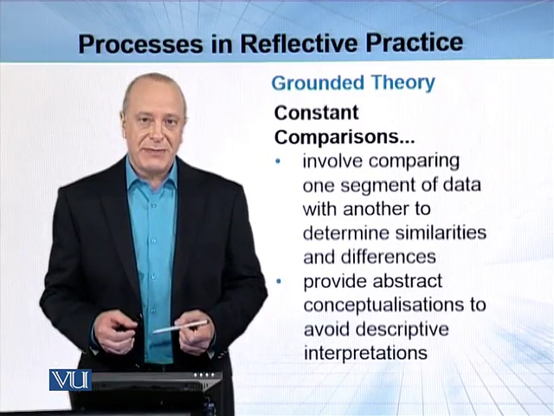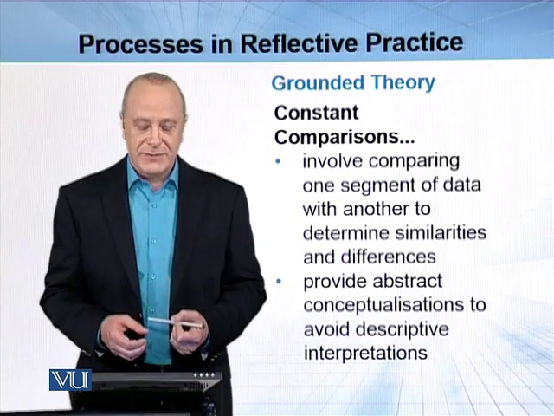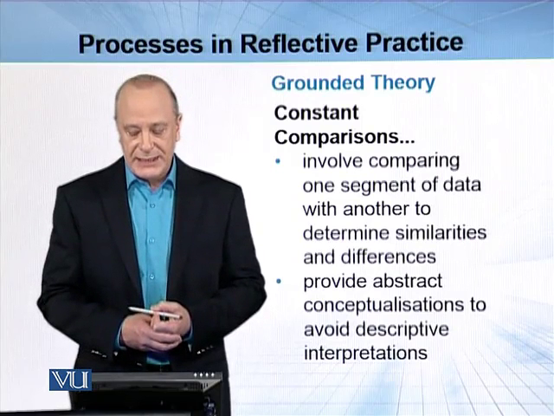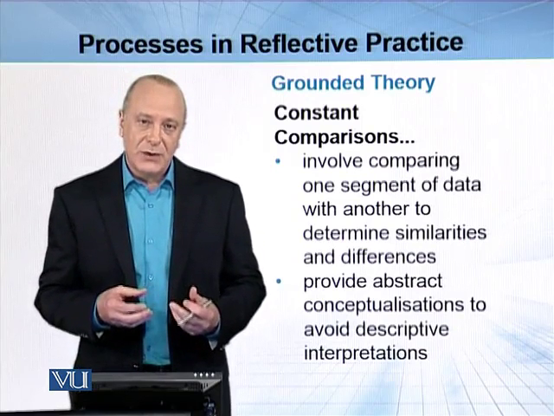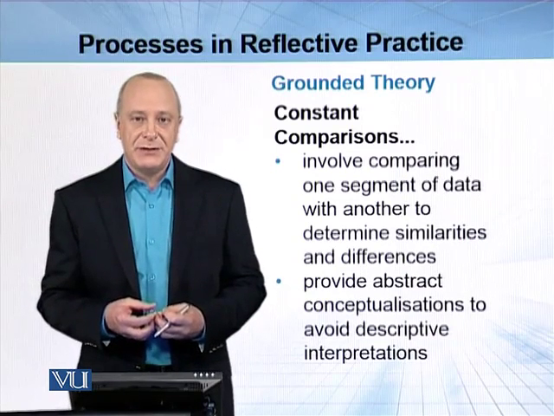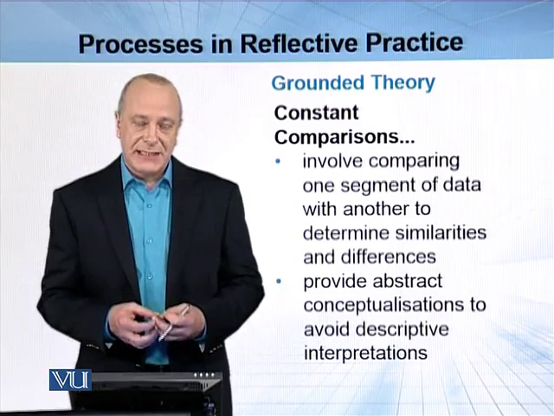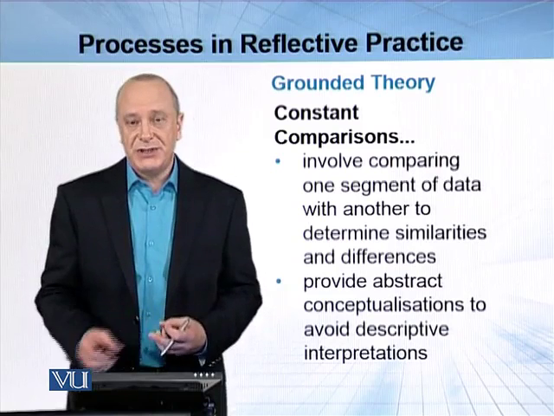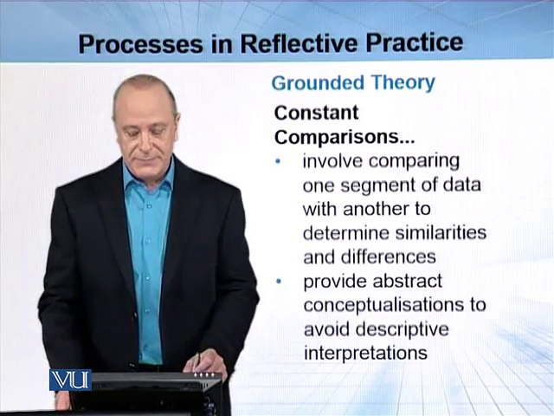And in this sense, we're making constant comparisons with the experiences that we're engaged with in a way to move the experience that we have to abstract understanding, abstract conceptualization, which is an interpretation of those experiences.